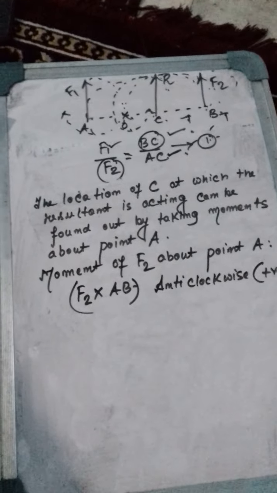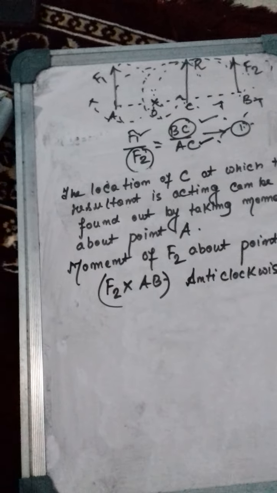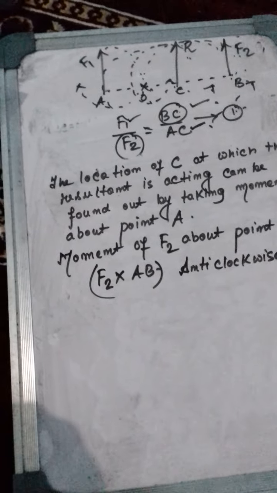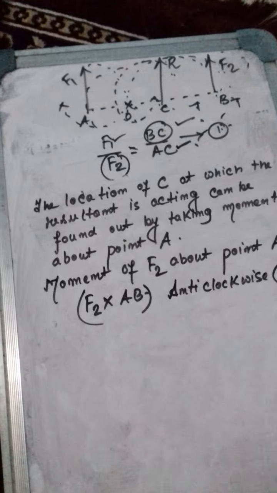Now the total moment, the sum of moment of F1 and F2 about point O. So what will be the sum?